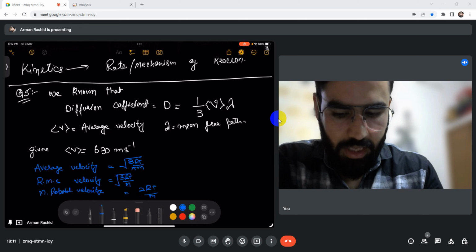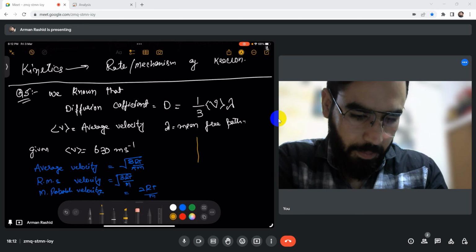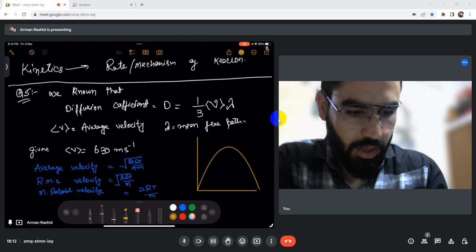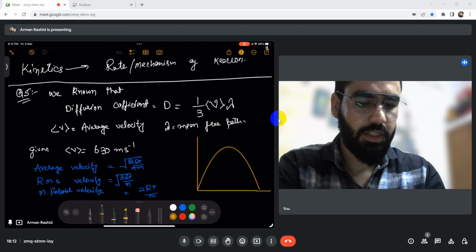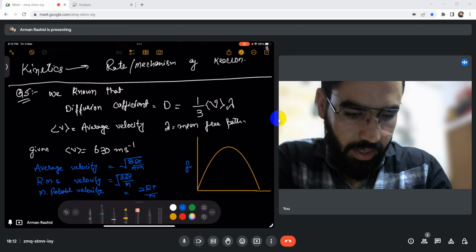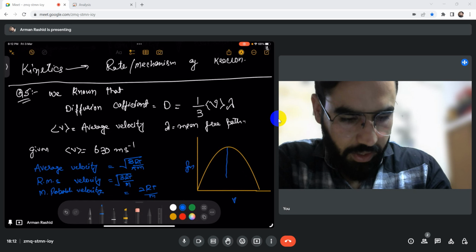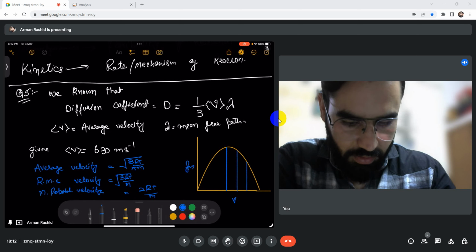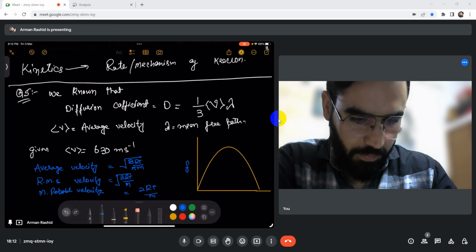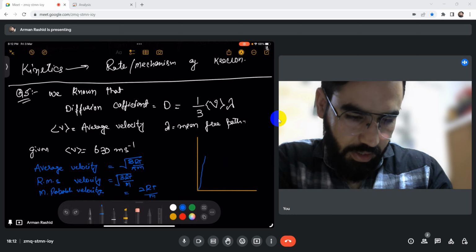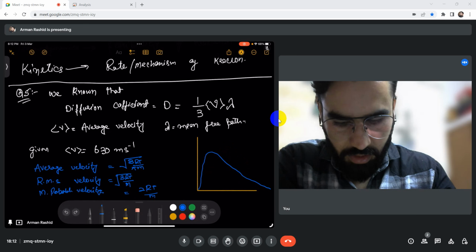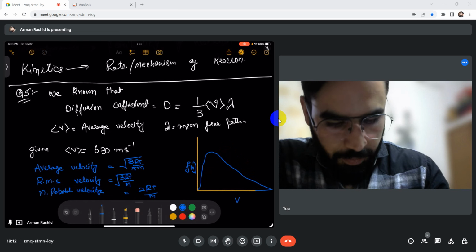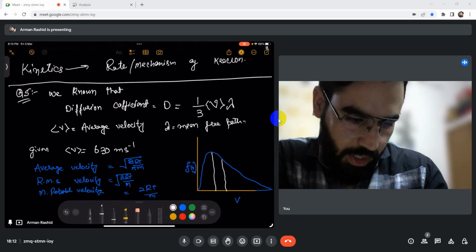Okay, if we plot the Boltzmann's distribution, f against the velocity, we will have three kinds of quantities, one here, another here, another here.